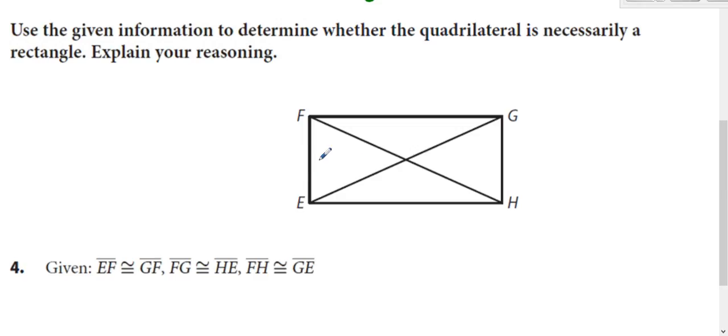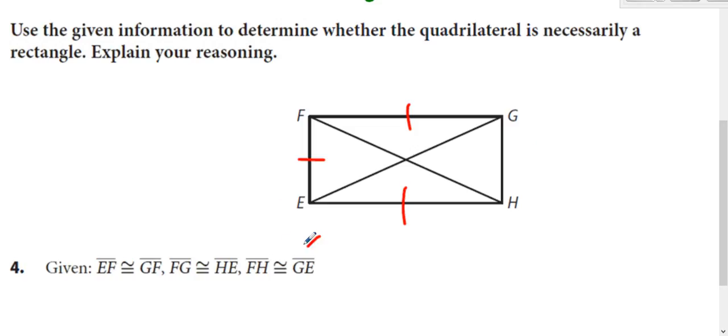So given EF is congruent to GF, and FG is congruent to HE, and FH is congruent to GE.